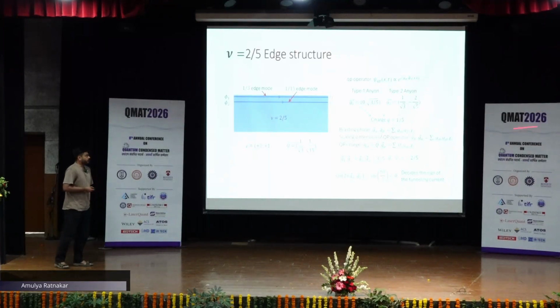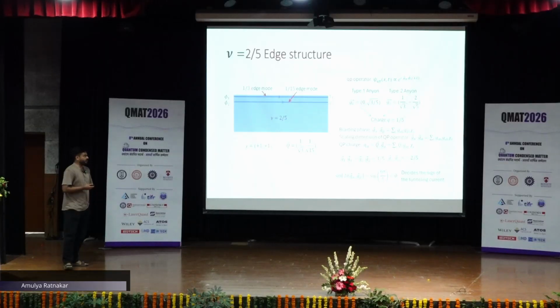So before going forward, I would first start with the nu equal to 2/5 edge structure. In a nu equal to 2/5 quantum Hall state, we have two edge modes, with the outer edge mode having the conductance of 1/3 and the inner edge mode having the conductance of 1/15. Any quasi-particle operator at the edge can be written as this, and it can be expressed in terms of bosonic fields using the bosonization technique, where G alpha is the vector which defines the properties of the quasi-particle at the edge.